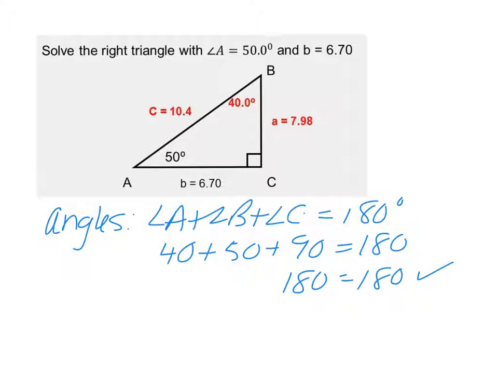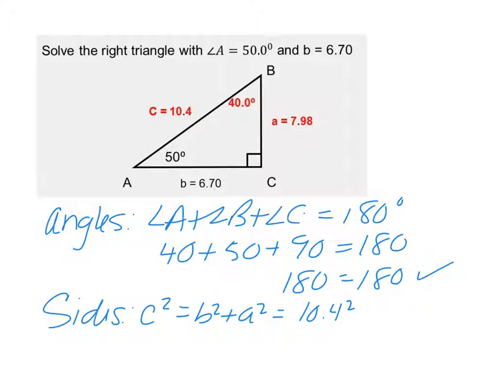The next thing that we want to check is our sides. And according to the Pythagorean theorem, C squared should equal B squared plus A squared. So 10.4 squared should equal 7.98 squared plus 6.70 squared.